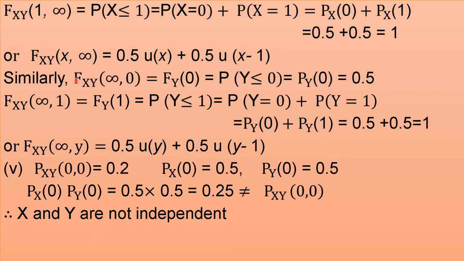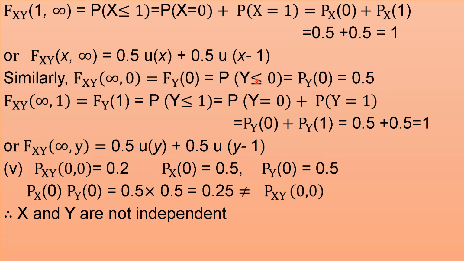Similarly, if we go for the joint CDF fxy of infinity comma y, where y is 0 and y is 1. Fxy of infinity comma y is the same as fy of 0 for y equal to 0, the probability that y is less than or equal to 0.